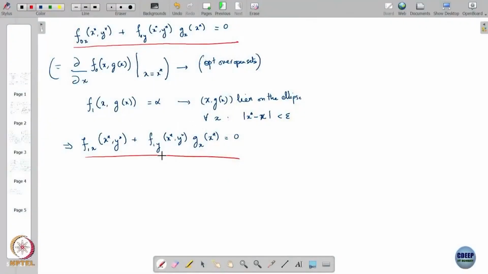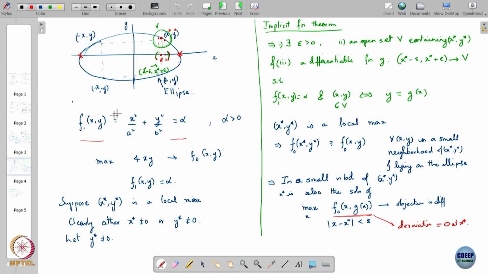Okay. Now, what is this f1y evaluated at x star y star? This is the partial derivative of your ellipse equation, evaluated at x star y star, with respect to y. Now, if you look at that equation here, if I take the partial derivative with respect to y, I am going to get a 2y by b square, right, and I had assumed that y star is not equal to 0.